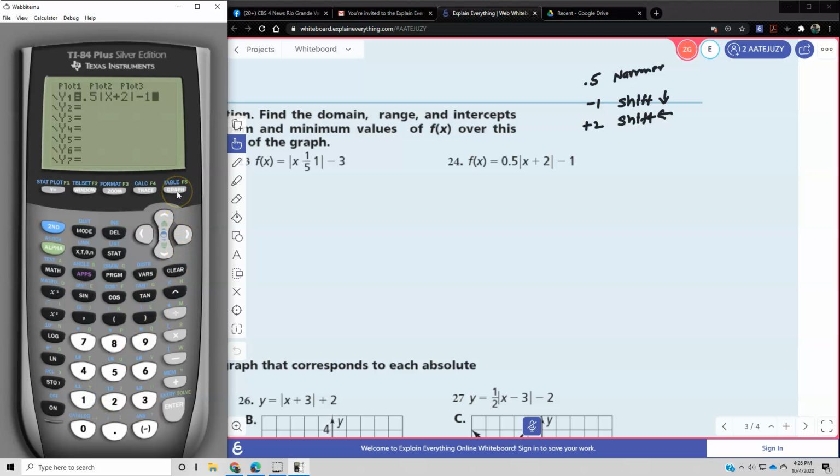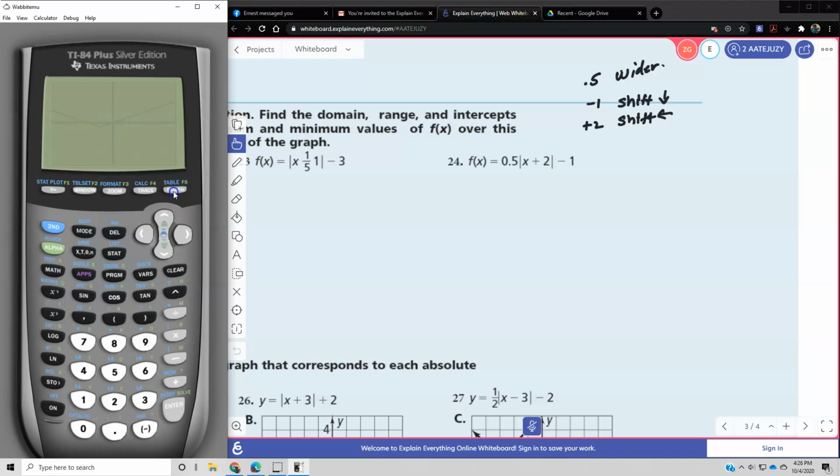So I'm going to go ahead and graph it. And you see how it's more, I'm sorry, not narrow, it's going to be more wider. It's going to be more wider.